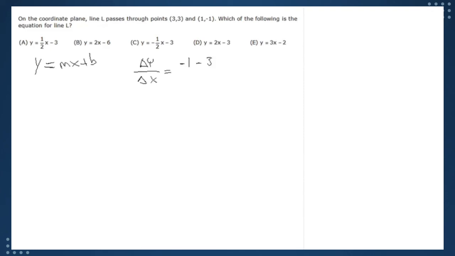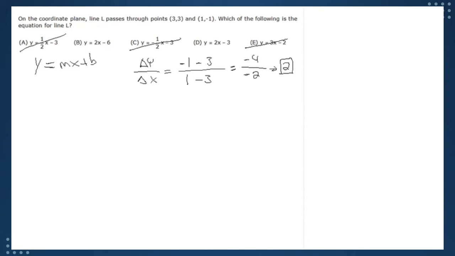Then one of the x terms is 1, so 1 minus 3. So be careful with your signs. We get a -4 on the top, a -2 on the bottom, which nets out to be a +2. So if you're running low on time, you could, for all intents and purposes, get rid of A, C, and E because you know the slope is 2.